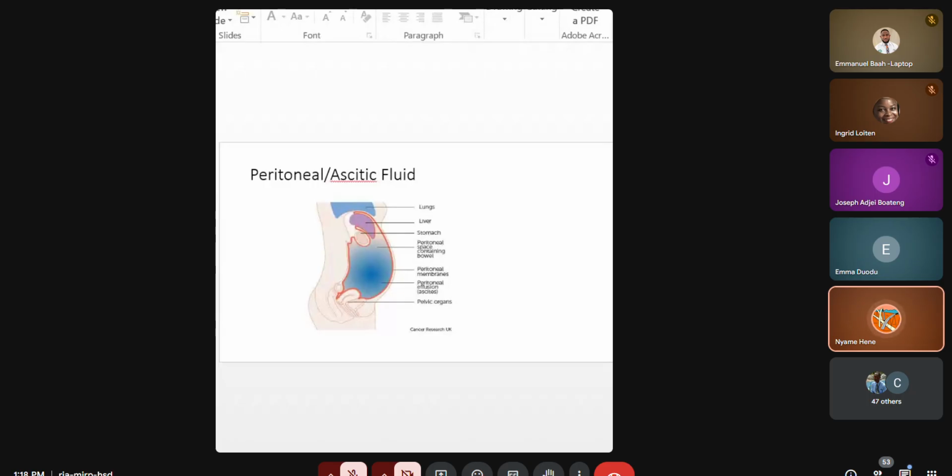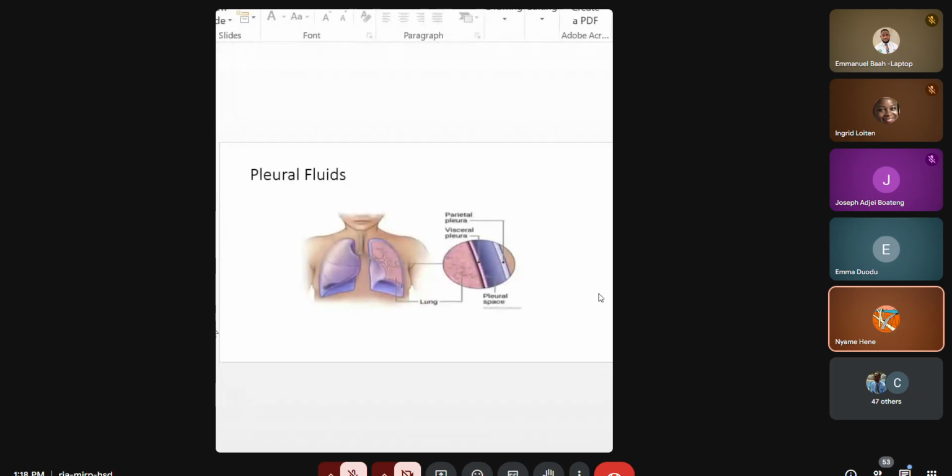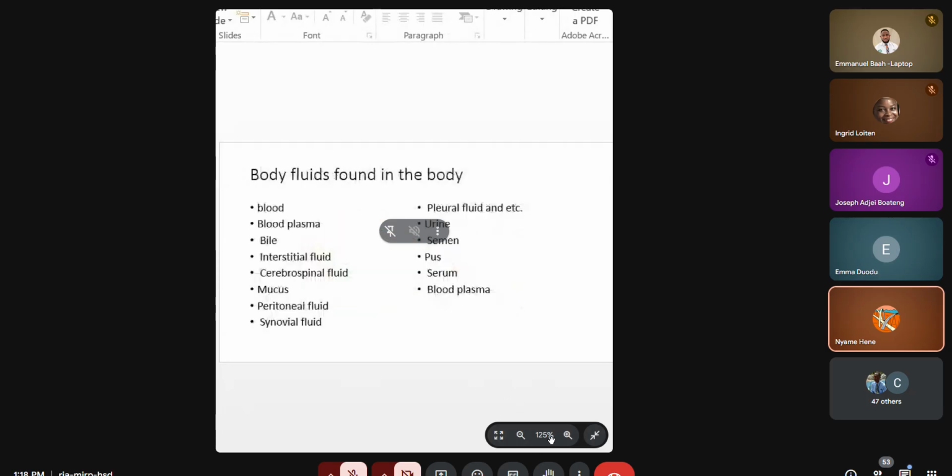So we talked about blood plasma, bile, interstitial fluid, cerebrospinal fluid.